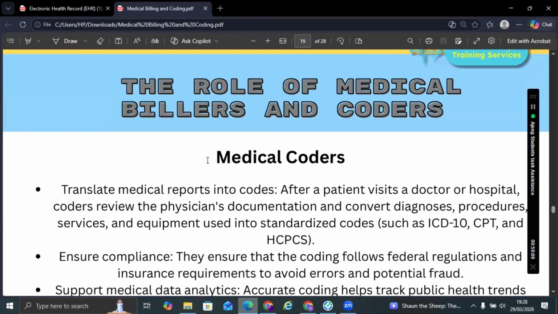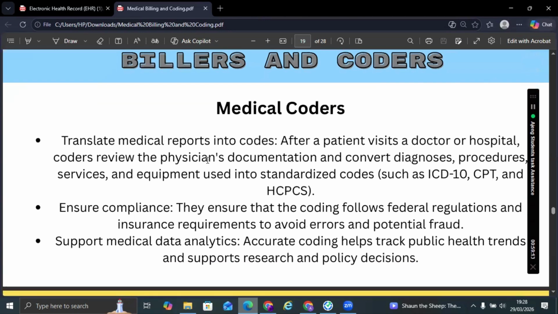Next, it's about the role of medical billers and coders. Medical coders translate medical reports into codes after a patient visits a doctor or hospital, and then coders review physician documentation and convert diagnoses, procedures, services, and equipment used into standardized codes, such as ICD-10, CPT, and HCPCS.